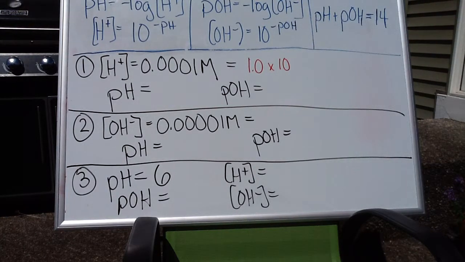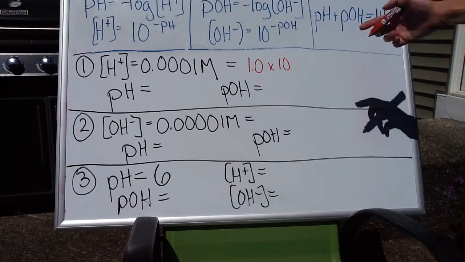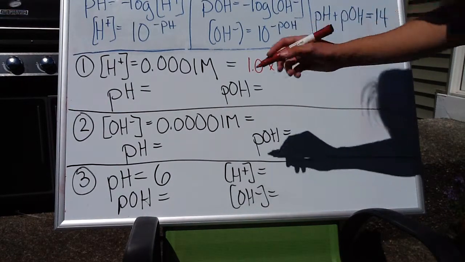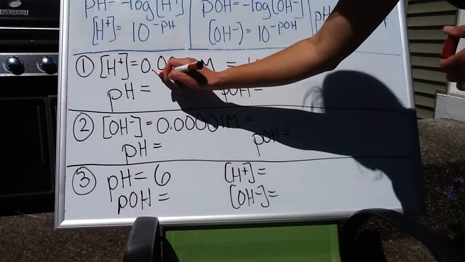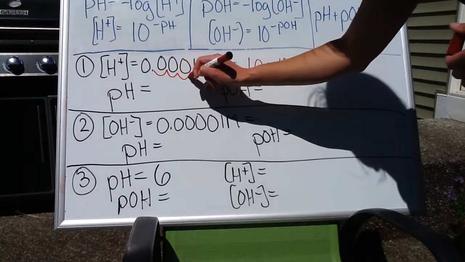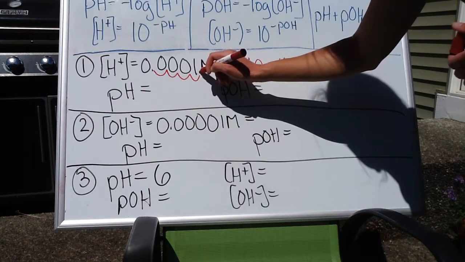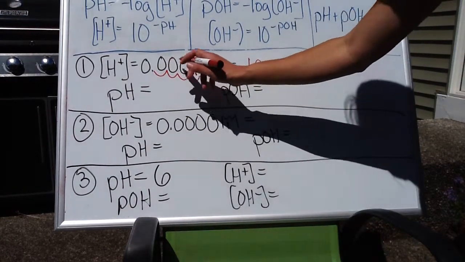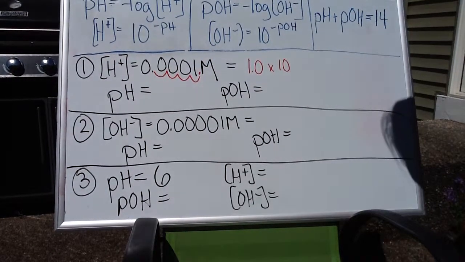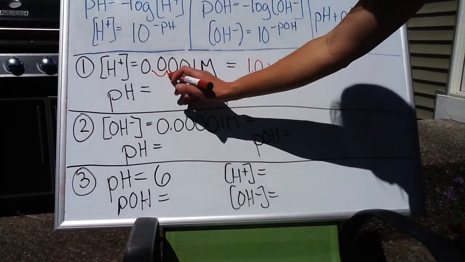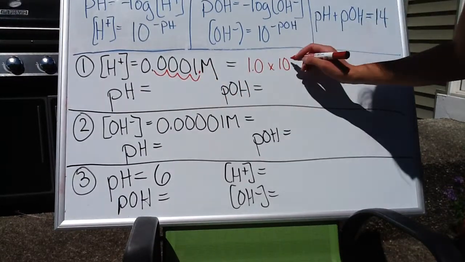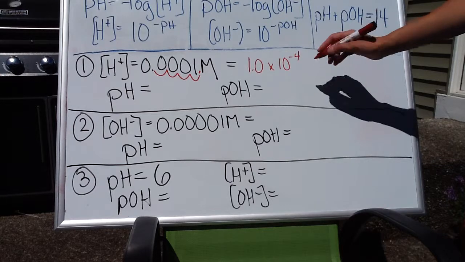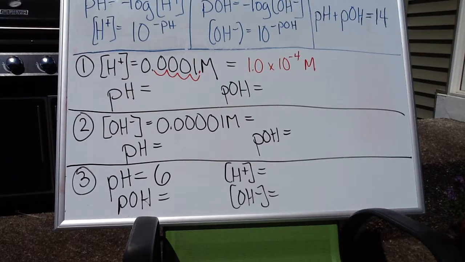I'm trying to find what that power is, and the way that I determine the exponent in scientific notation is I would ask myself how many spots, 1, 2, 3, 4, would I have to move that decimal point to turn my 0.0001 into a 1.0. So I have to move that decimal 4 spots over. So 0.0001 is the same as 1 times 10 to the negative 4th molarity.